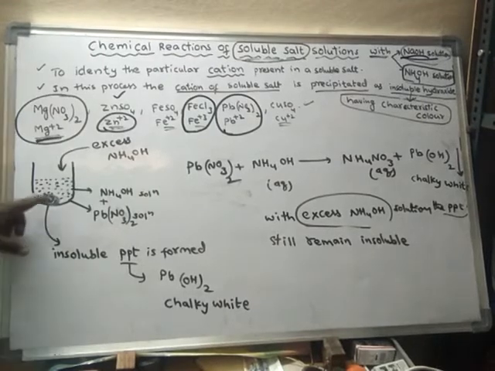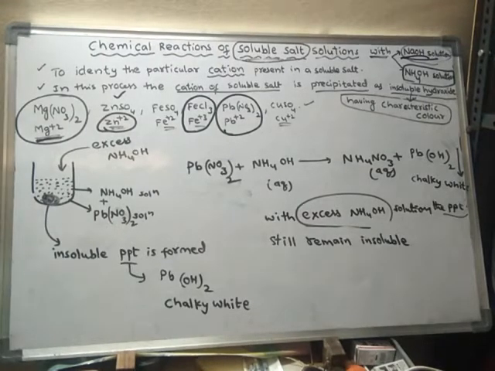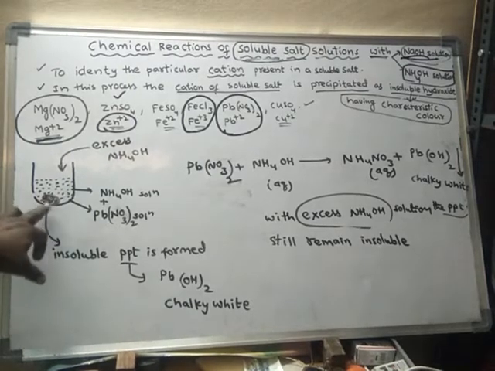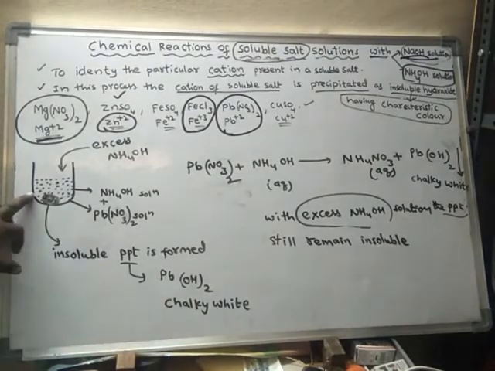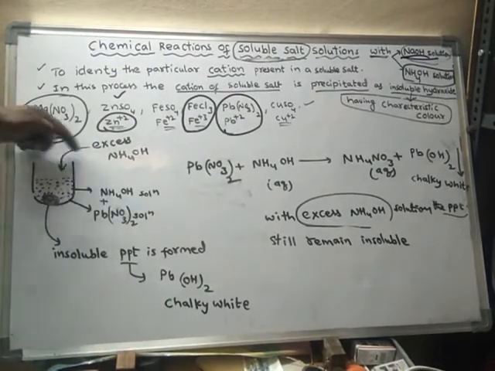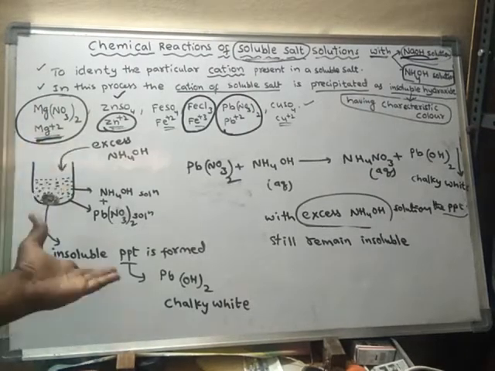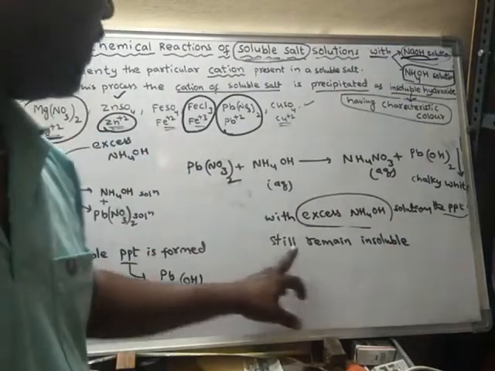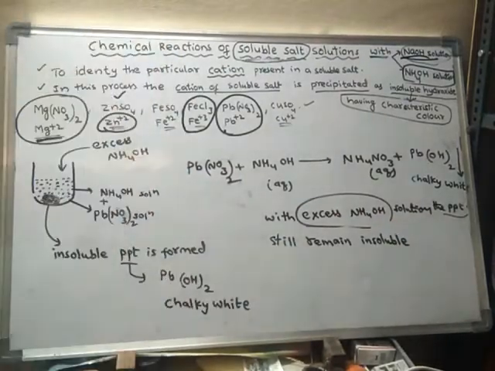Now, even after the formation of this chalky white precipitate, if you add excess ammonium hydroxide, what happens? Even with excess ammonium hydroxide solution, the precipitate still remains insoluble.